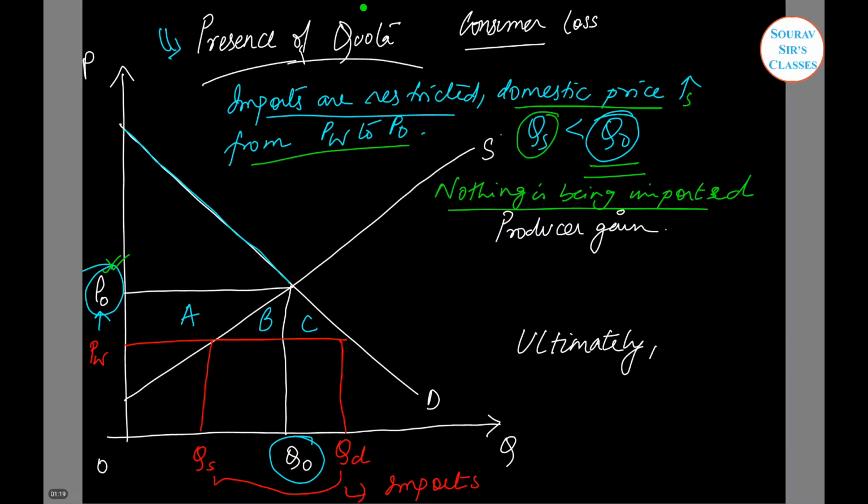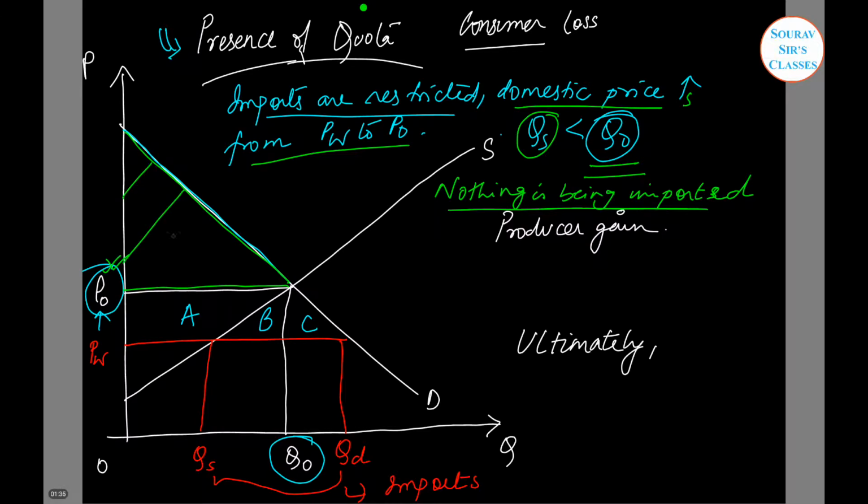So let us see what is the consumer loss in this case. Consumer surplus is the area below the demand curve, which is this, and above the equilibrium price, which is P0. This is the price which is there in the domestic market.